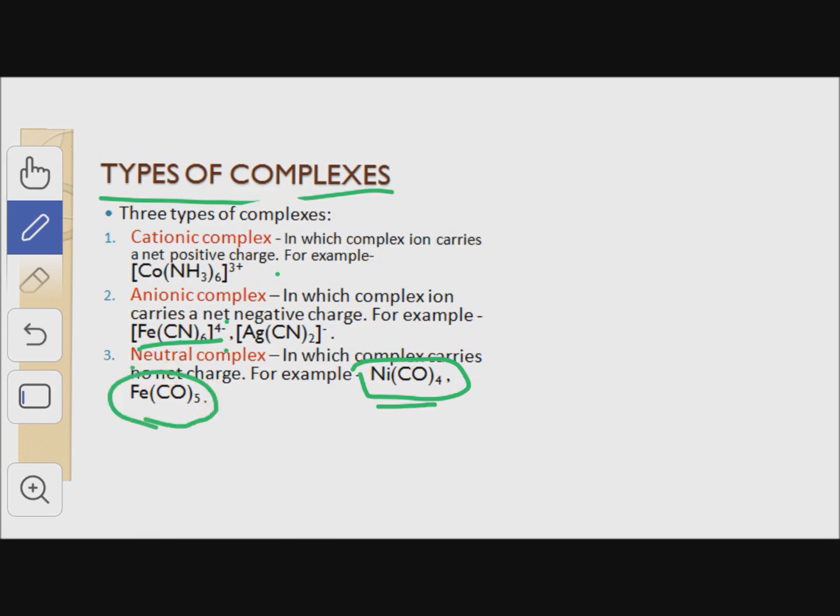Here 5 carbonyl groups are coordinated with the iron, and in nickel carbonyl 4 carbonyl groups form coordinate bonds with the nickel, where CO is the neutral molecule coordinated to the central metal atom. And these are the 3 types of complexes: cationic, anionic, and neutral complex, depending upon the charge on the complex ion.